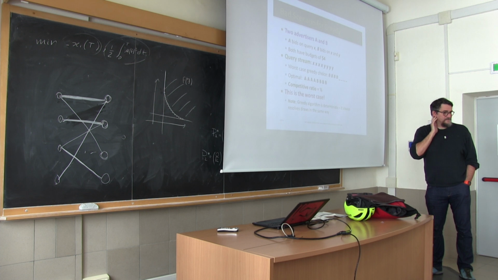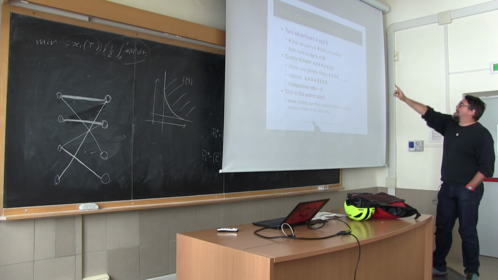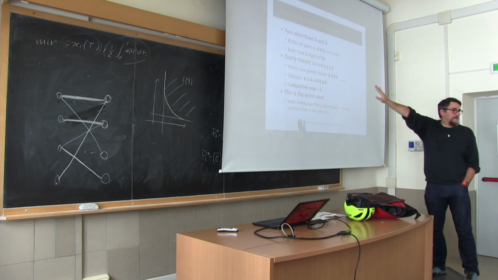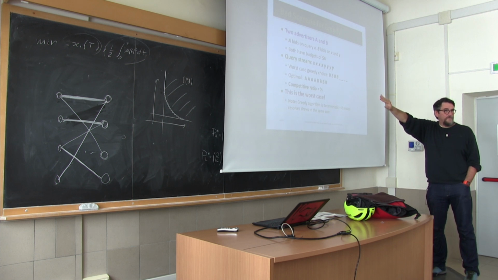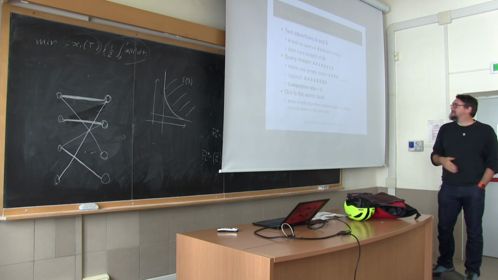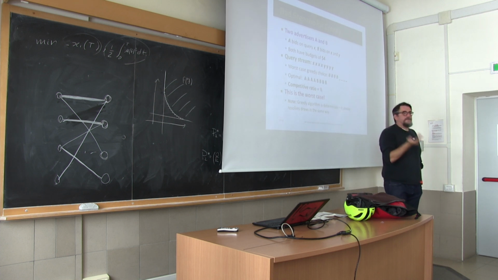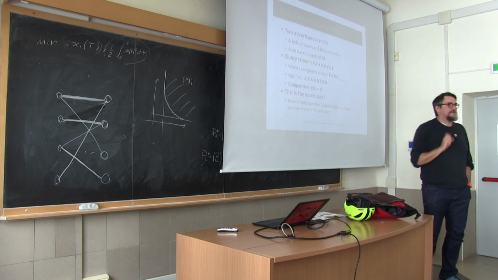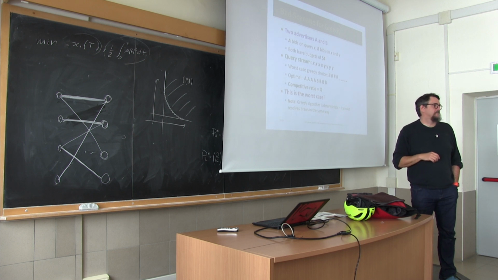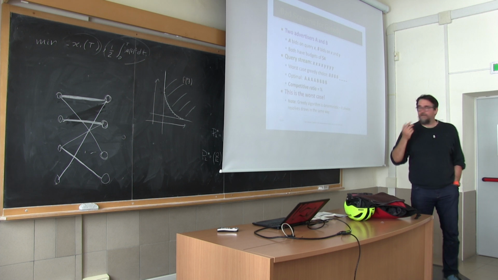Does this make sense? Again, A bids only for X. B bids for both. Greedy algorithm means that when I see the input, I assign it in a greedy way. I will select one that can be assigned without considering any other possibility.